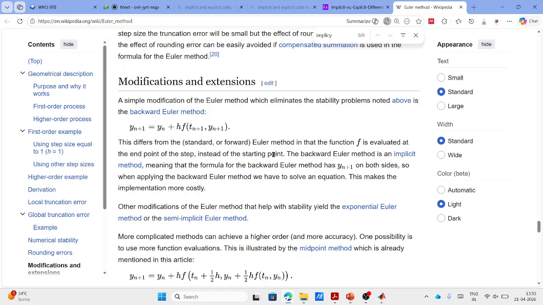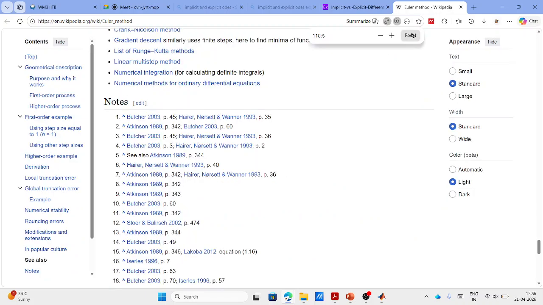In this case, your right hand side also contains the next variable value, which we don't know yet. So this becomes a kind of optimization problem where you have to solve the function so that the LHS and RHS become the same. So this is your implicit method.